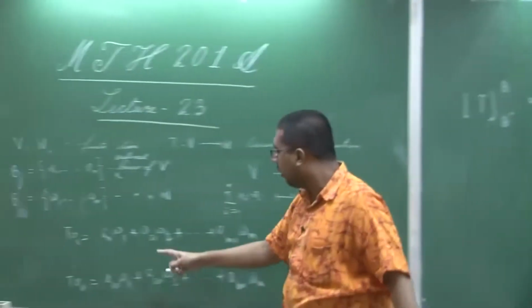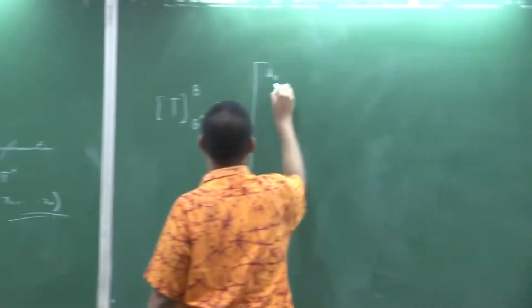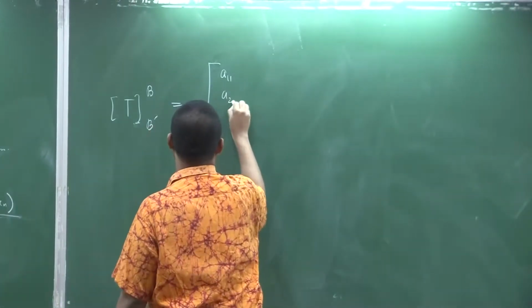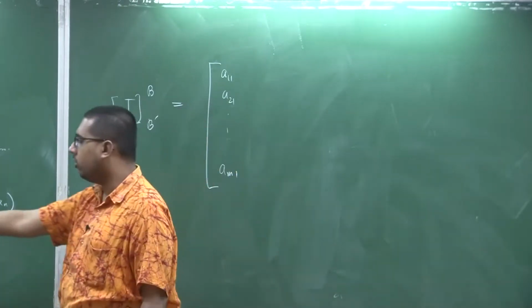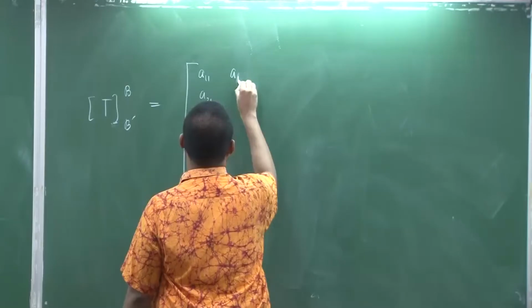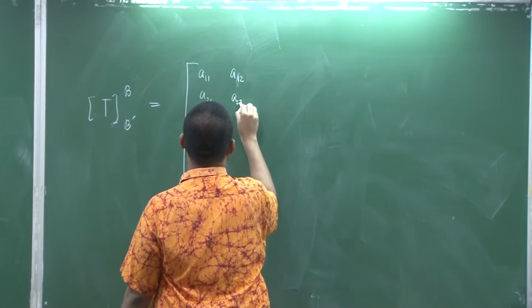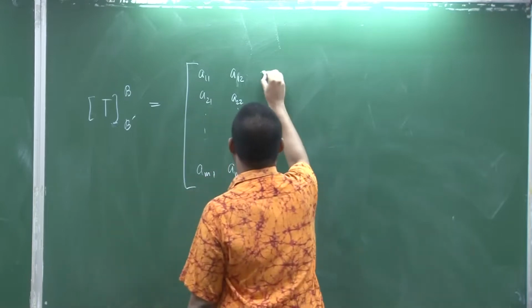So let me write it. First we will write down these coefficients along the first column of the matrix: a11, a21, similarly am1. Similarly we look at T V2 and the coefficients appearing there. When we split that as a sum of wi's, we write the coefficients along the second column: a12, a22, up to am2, and then similarly we go on like this.